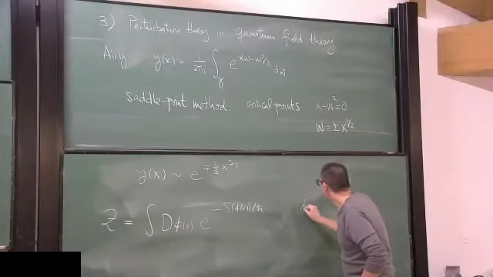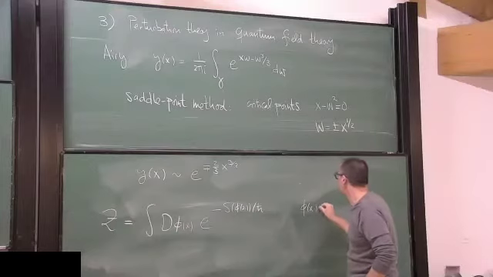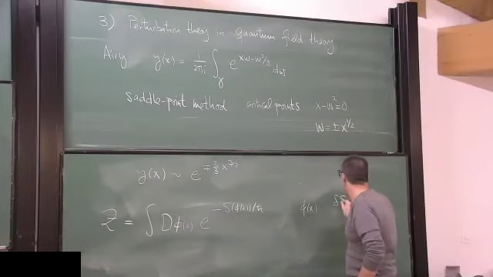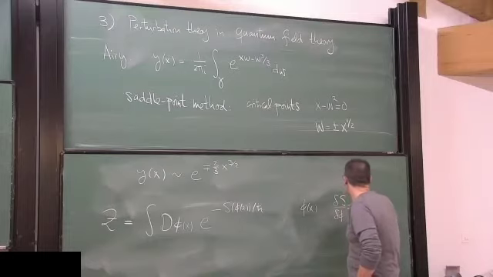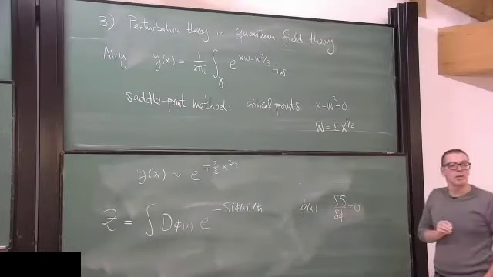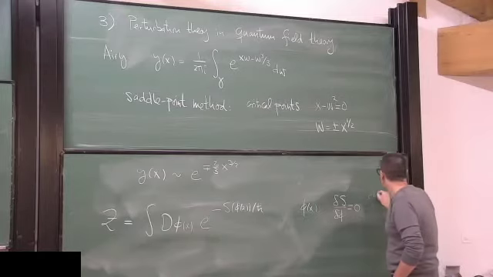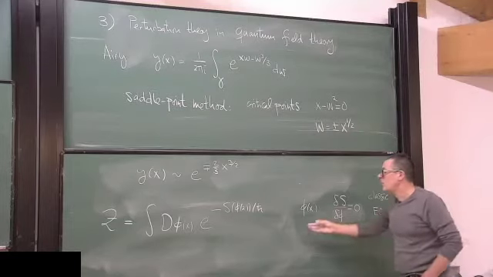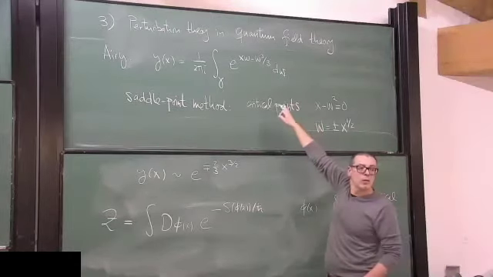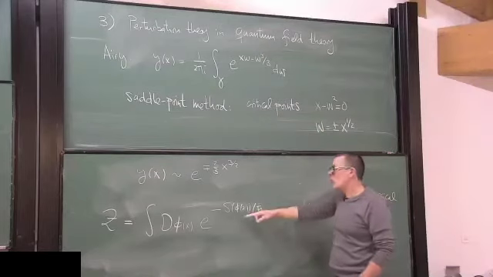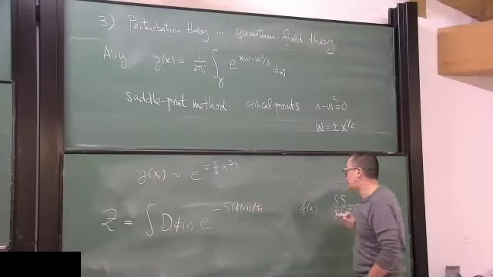So you look at field configurations which are critical points of this action, so that they satisfy this equation, and this is actually the classical equation of motion of your underlying classical theory. And then we do something very similar to what you would do here. We do some sort of formal expansion around this critical point.